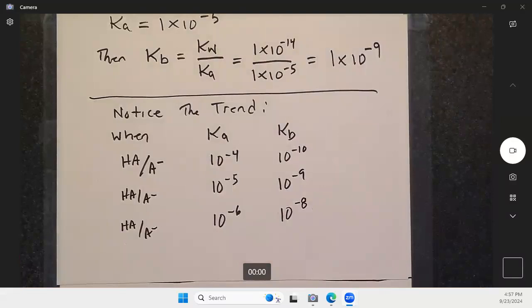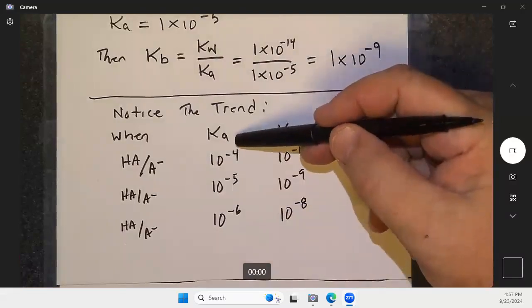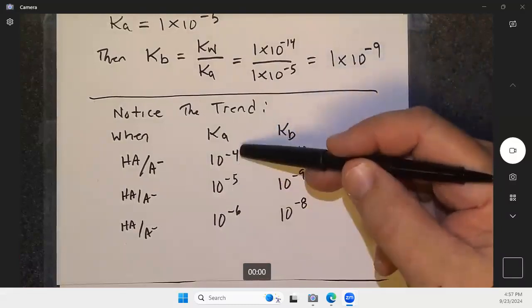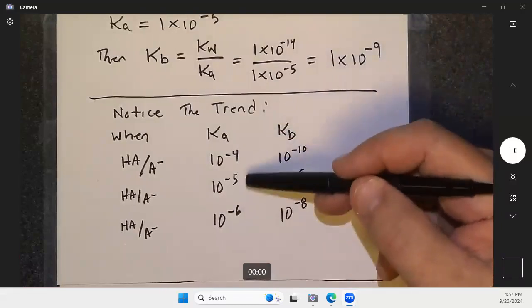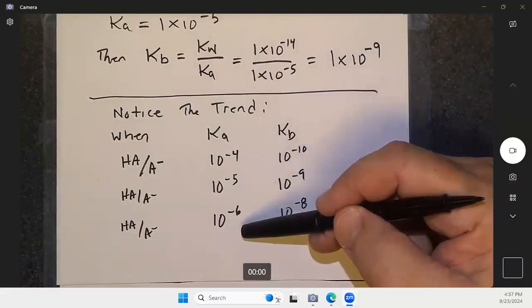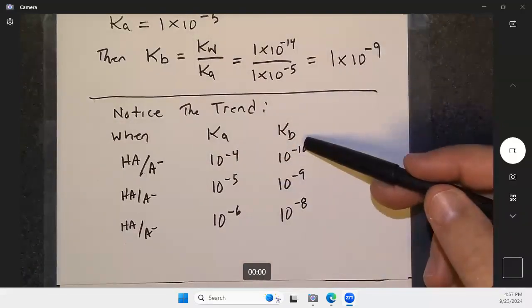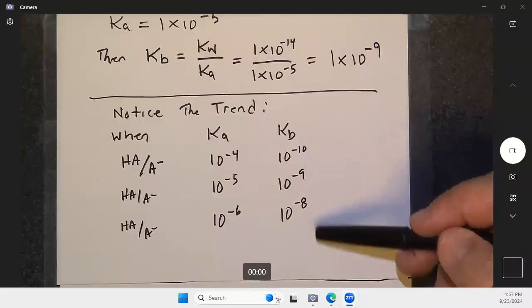So what do we see happening? As we look at these Ka values going down, what's happening to those values for HA? They're becoming smaller, thus weaker. But the conjugate base that's forming is actually getting stronger.